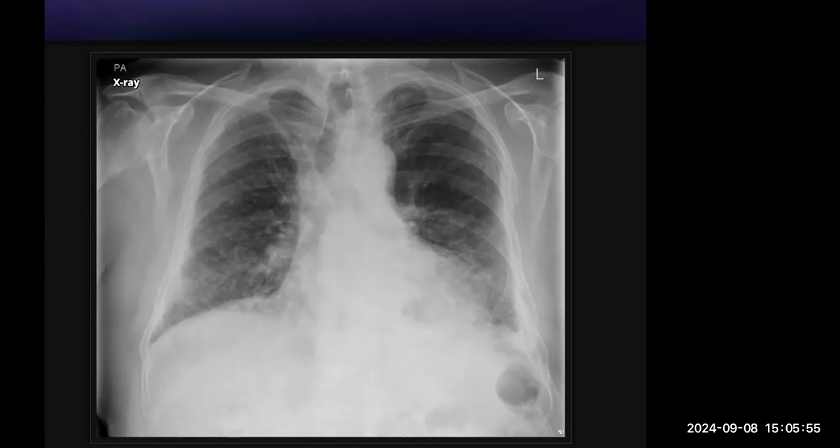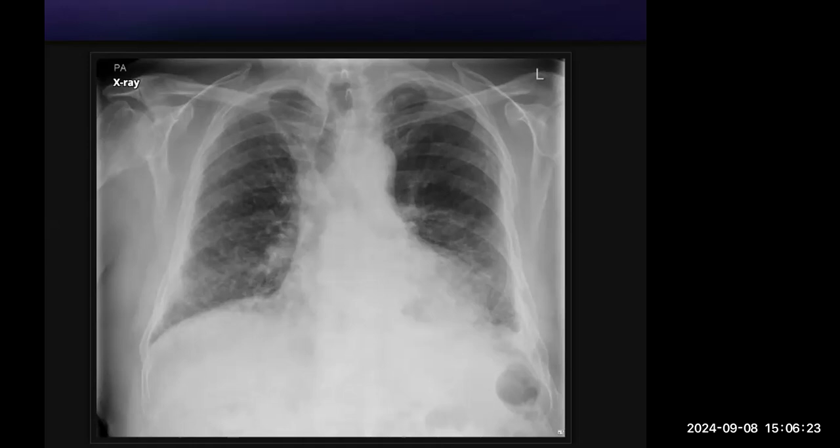Could you have a look at your review areas one more time? So I'm looking, there is some density that I can see in the right upper zone. Some reticular opacities are also seen in the right upper zone. I'm looking for any rib fractures apart from the ones I already mentioned.